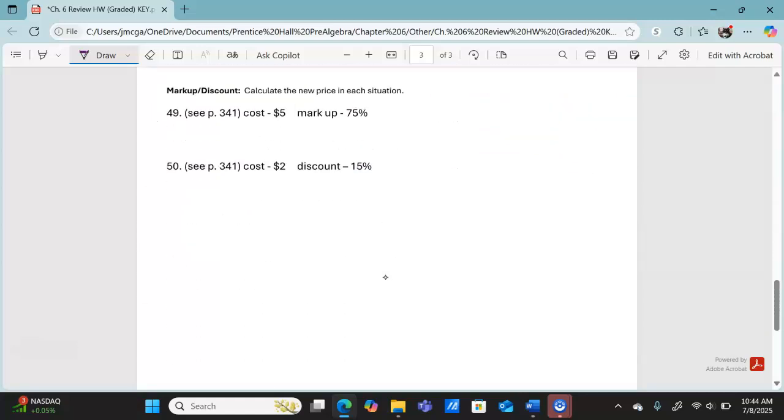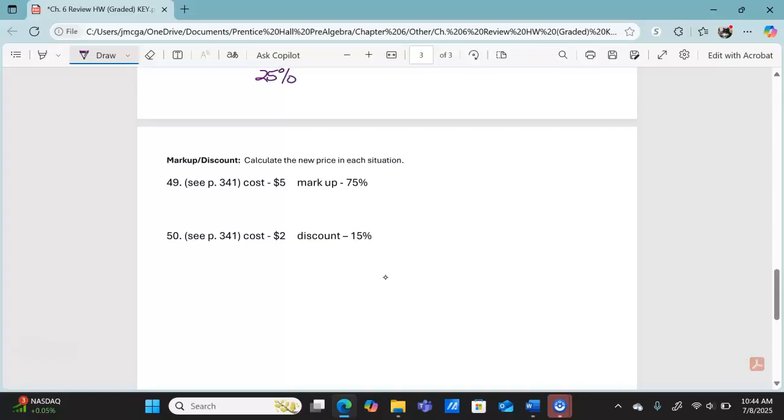Moving on to 49 and 50, calculate the new cost. To do that, you take the original cost times the markup or discount amount. So that's going to be 5 times 0.75. 25, carry the 2, 37 plus 35 plus 2 is 37, and I need 2 decimal places. So step 1 is multiply.